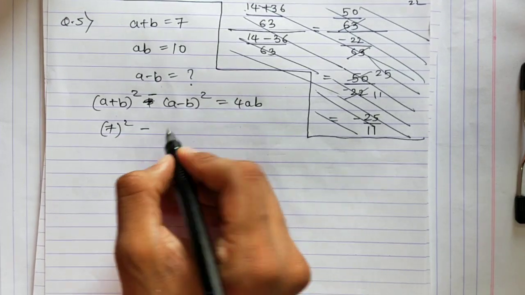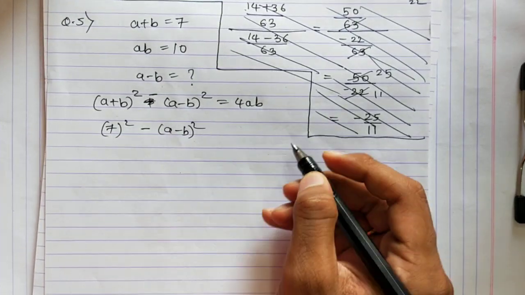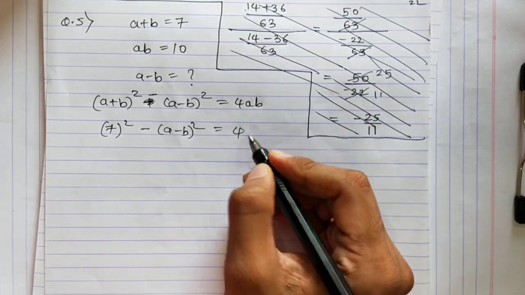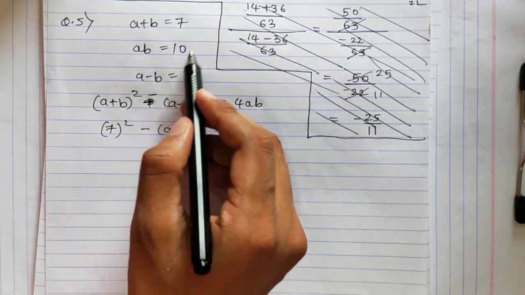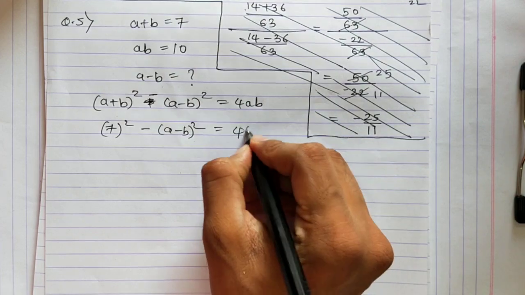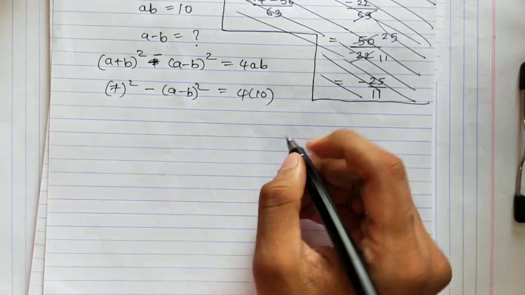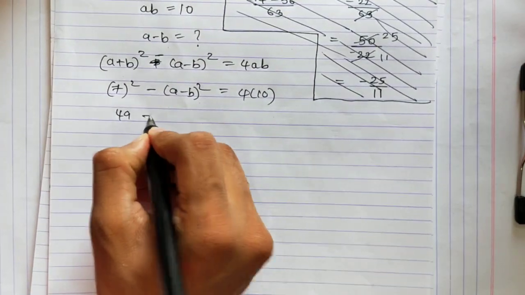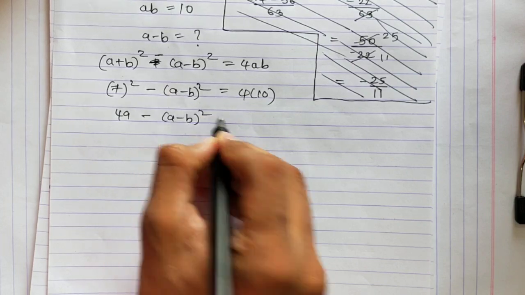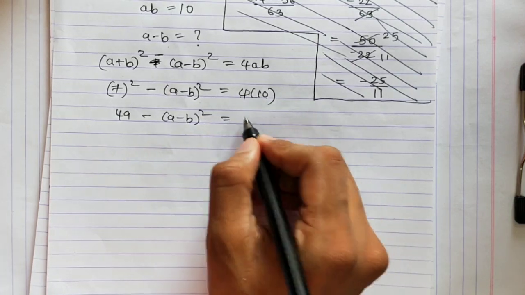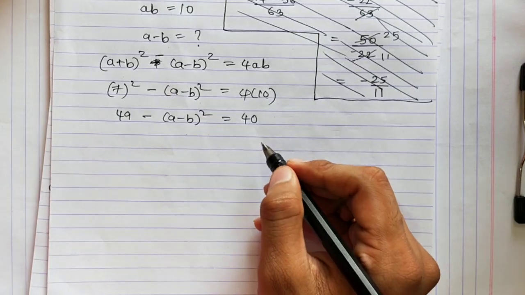Minus a minus b is not known, equals 4ab. ab is given as 10, so let's substitute 10 here. So 7 square is 49 minus a minus b the whole square is 4 into 10, which is 40.